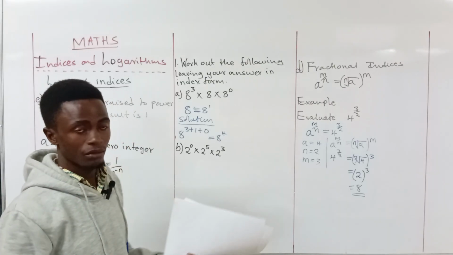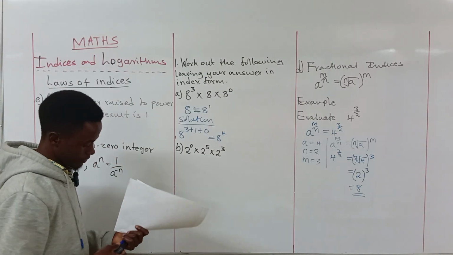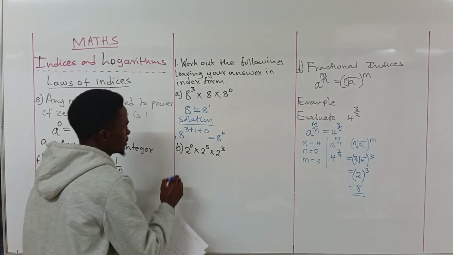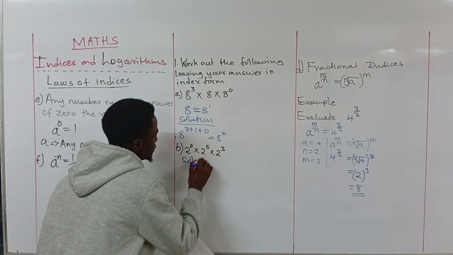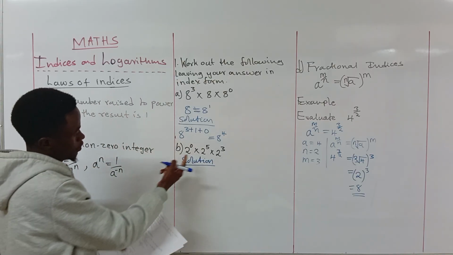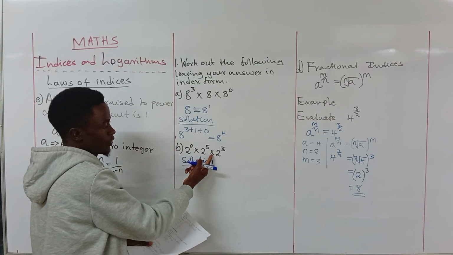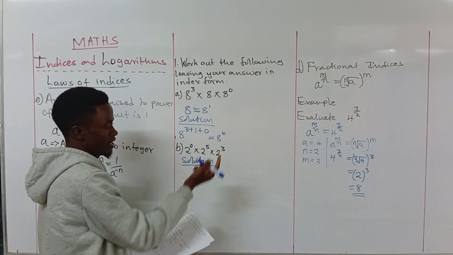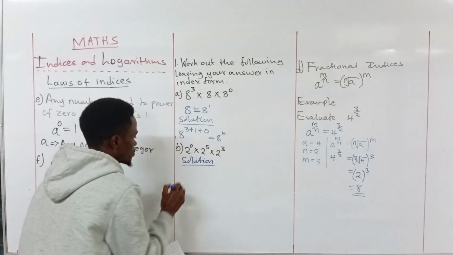Now, I believe you have been able to solve it, so let's confirm what your answers are. Our solution is, we have multiplication again, so we maintain our base, and then we add the powers.